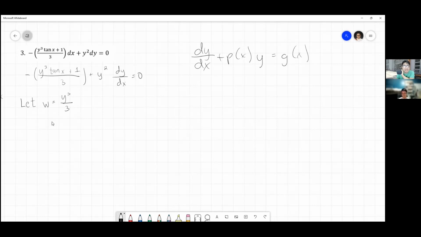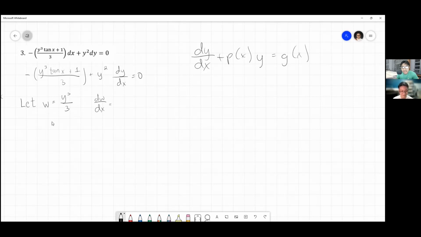Pagka sineparate ko, ayan. Tsaka para pagka dinifferentiate ko siya, mawala yung 3 dito. So, kung di-differentiate natin to with respect to x, taking note na yung w is a function of y, wherein yung y natin is a function in terms of x, meron tayong dw over dx, that is yung derivative nito ng buo, which is 3y squared over 3.